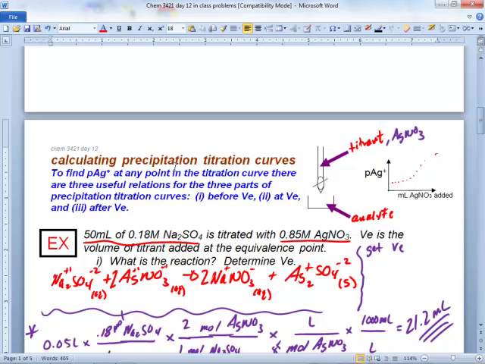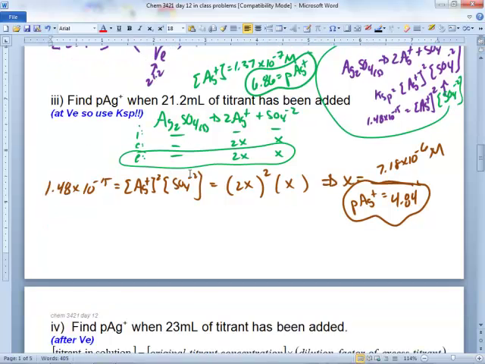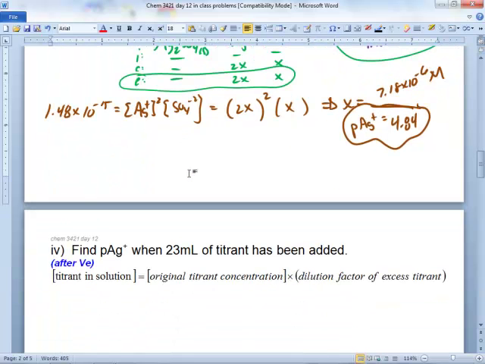So once we get our answer here, we're going to use this little relationship, and once we get our answer, we just take the negative log of it and we're done. No KSP problem, because it's beyond it. We've dumped in, it's all reacted.